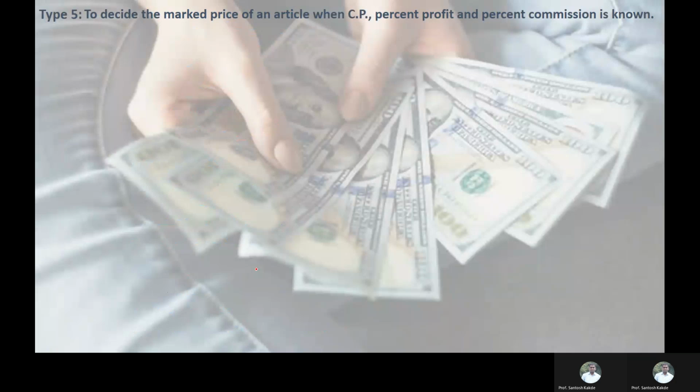Now let us consider one more type of example. To decide the mark price of an article, the CP, that is cost price, percent profit and percent commission are known. We have to decide the mark price of an article, that is, at which price we have to sell it when the cost price, percent profit and percent discount are known.